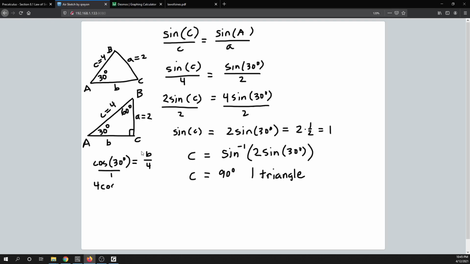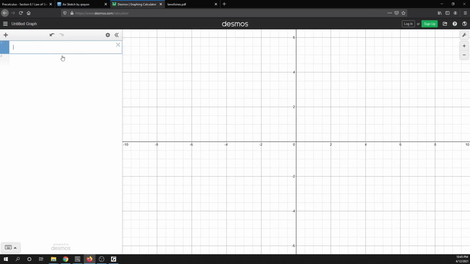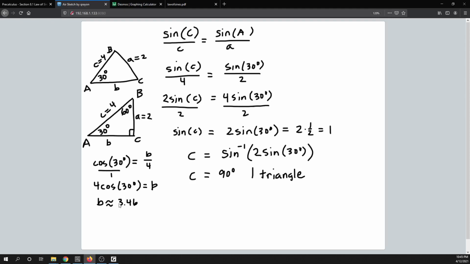We get 4 cosine 30 degrees equals B. Plug that into your calculator, making sure you're in degree mode. So 4 cosine of 30 gives you that B is approximately 3.46 units in this case. And that's it for this problem.